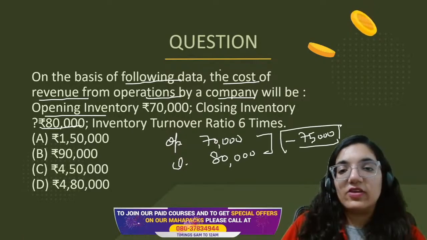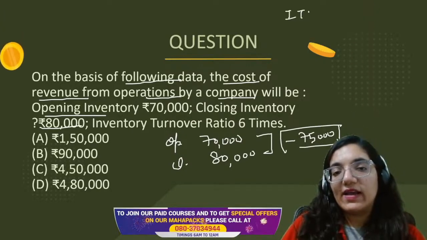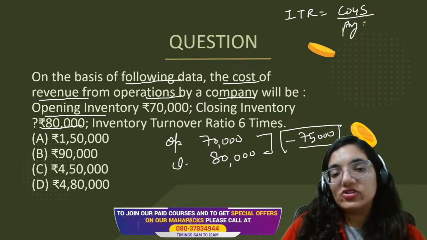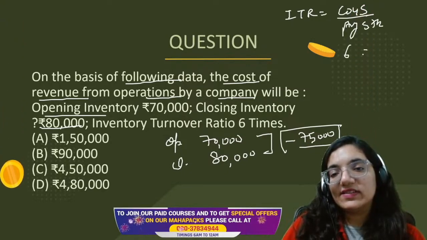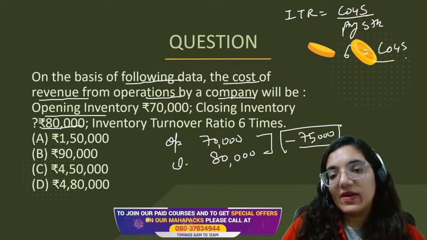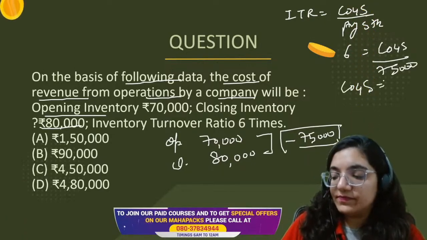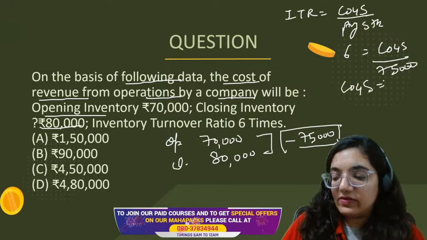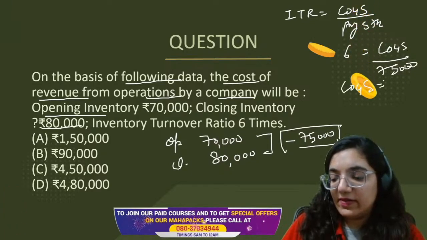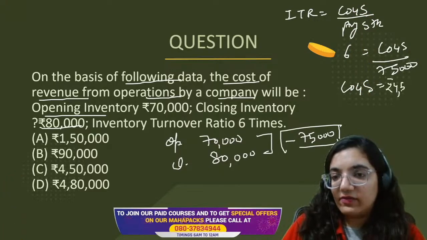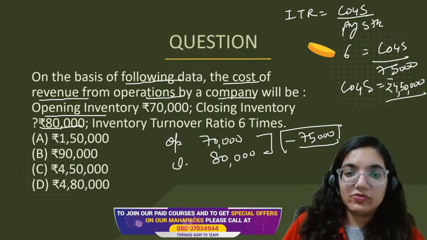Now if I use the formula, I'm writing it here, everyone: ITR is equal to COGS divided by average stock. This is 6 is equal to COGS divided by 75,000. That gives me COGS is equal to 75,000 multiplied by 6. It gives me rupees 4,50,000. Done, everyone. So this would be the answer.